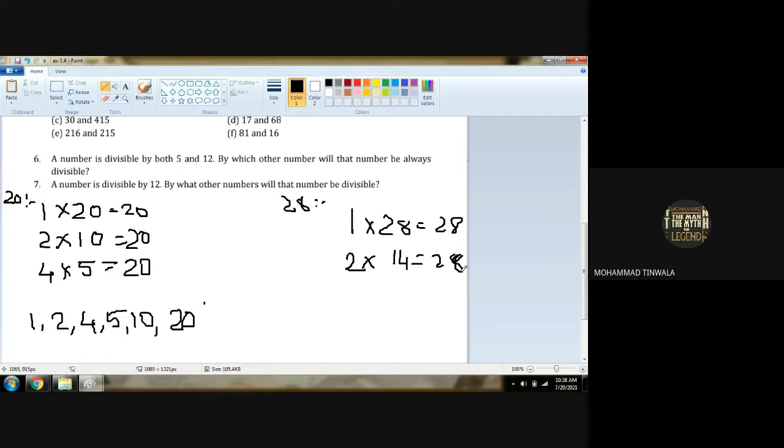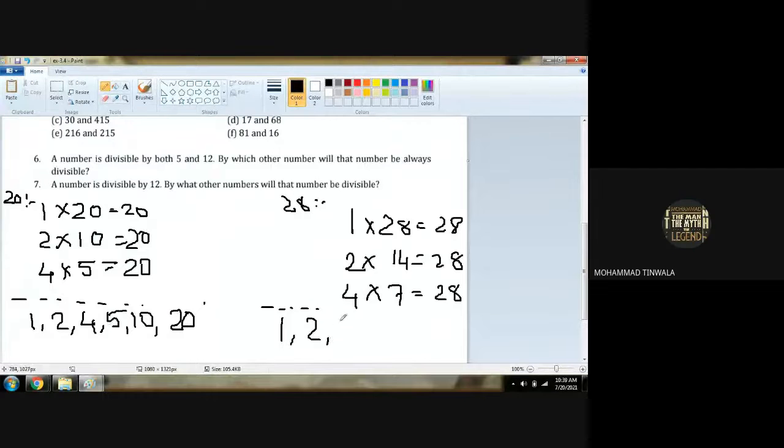So 4 sevens are 28. The factors of 28 are 1, 2, 4, 7, 14 and 28.